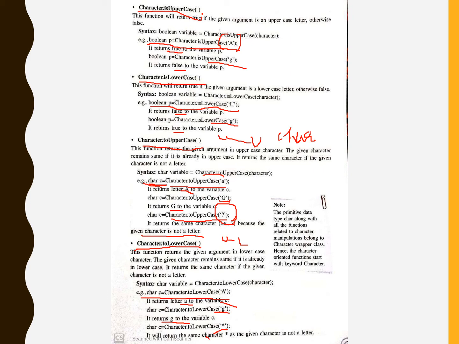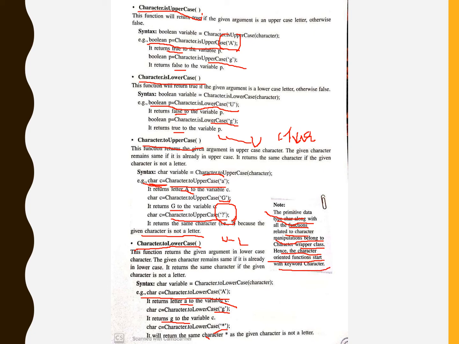Always remember, the primitive data type char along with all the functions related to character manipulation belong to the Character wrapper class. Hence, the character-oriented functions start with the keyword Character.